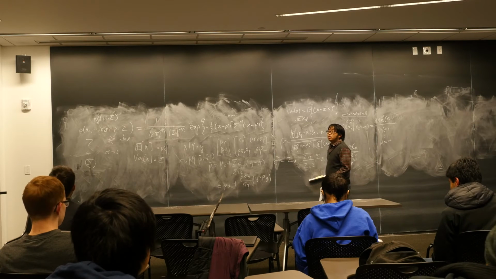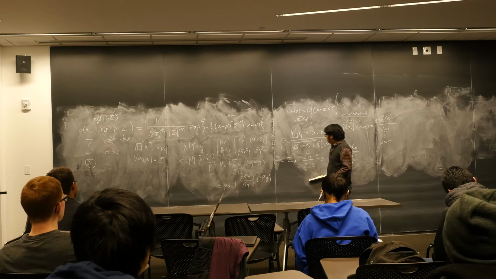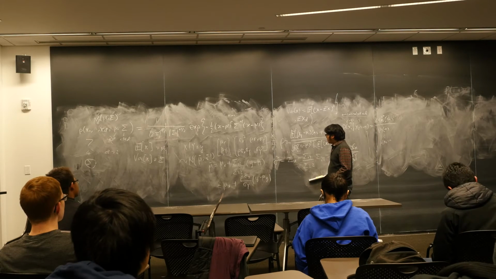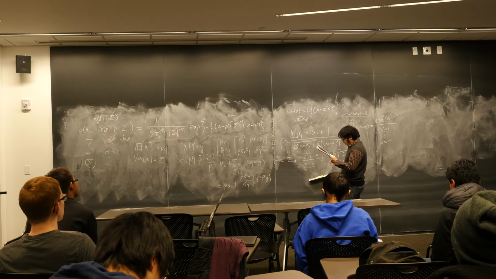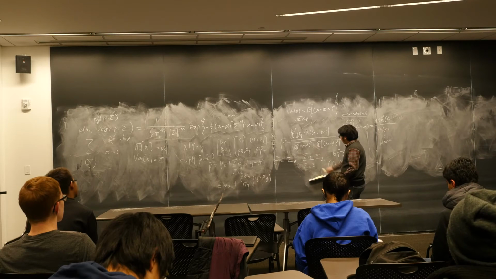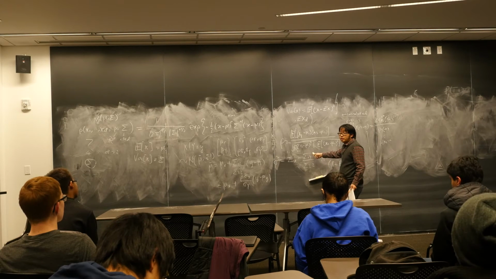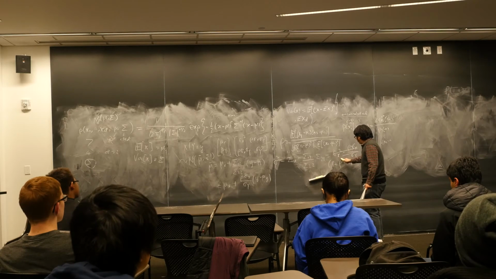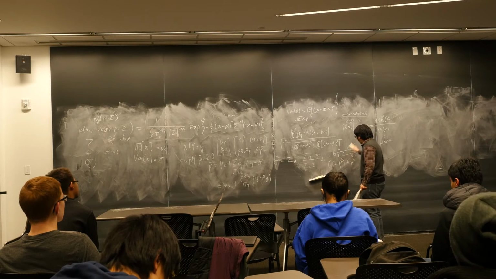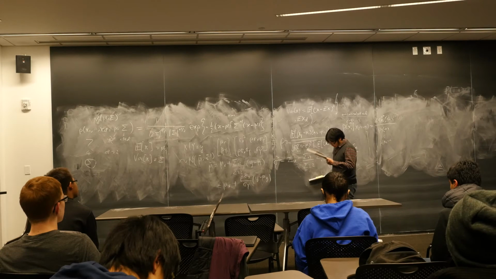Yes? Should it be 1 minus rho squared? Which one? The variance of the conditional, sigma 1, 2 squared, times 1 minus rho squared. Oh, yes, sorry, yeah. You have the rho squared.